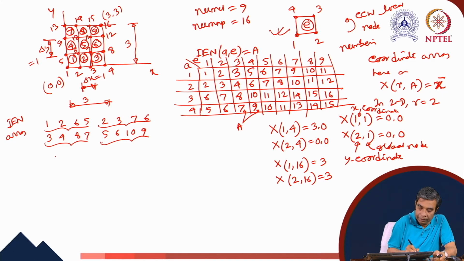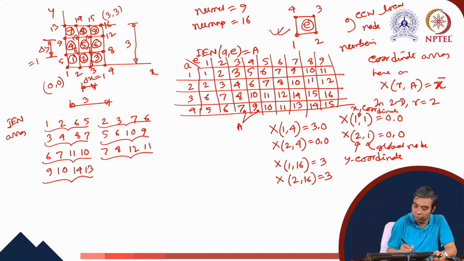Then 6, 7, 11, 10. Then 7, 8, 12, 11. Then we have 9, 10, 14, 13, followed by 10, 11, 15, 14, and finally 11, 12, 16, 15. So the first one is for e equals 1.